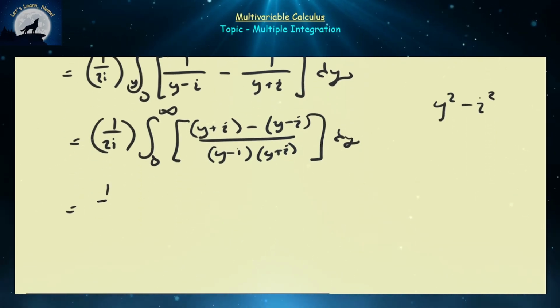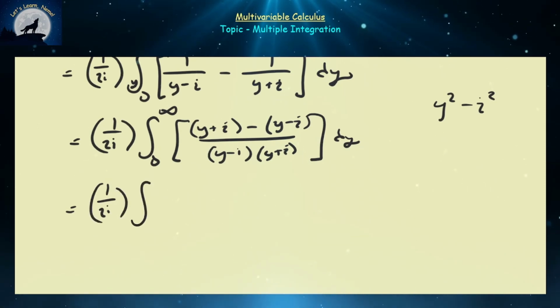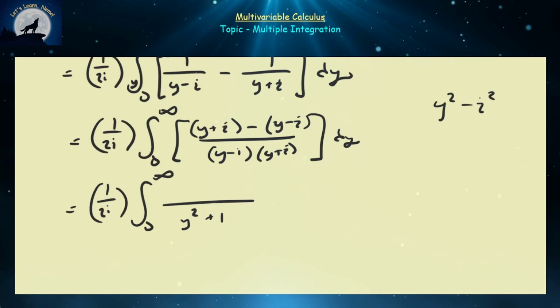On the top, we're going to have y minus y, they cancel. i minus negative i, that's going to be equal to 2i.